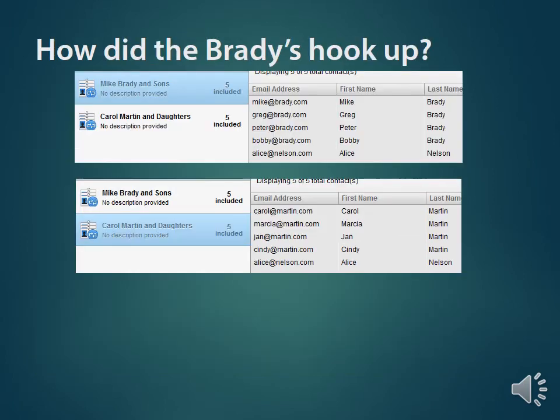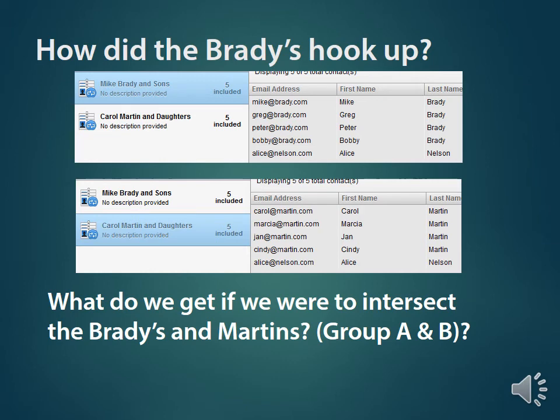Okay, so there's one other term that we're going to use when you're building these, and that is: how did the Bradys hook up? What is common? What's the intersection? The other word that we're going to use when you're filtering is "and." Really, when you're filtering you only have those two words, "and" and "or," that you can use.